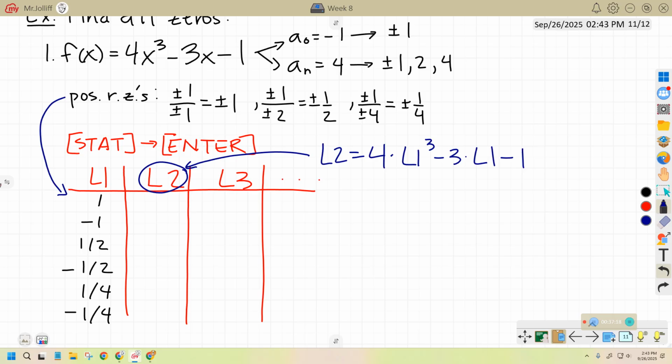When you have this at the bottom of your screen, you're going to press enter and something magical is going to happen. And the wow from Luis tells me that he got the answers. L2 automatically fills out with f of 1, f of negative 1, f of 1/2, f of negative 1/2. Can you give us your answers, Luis?